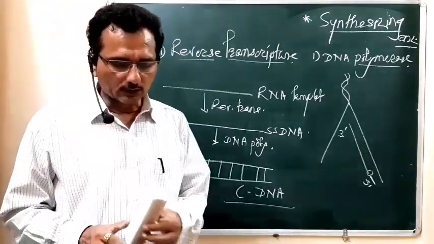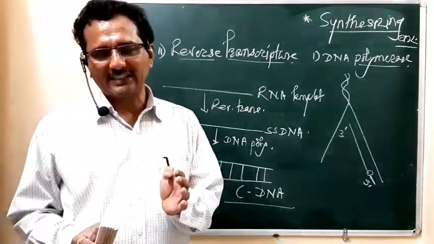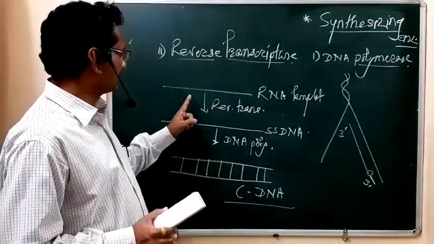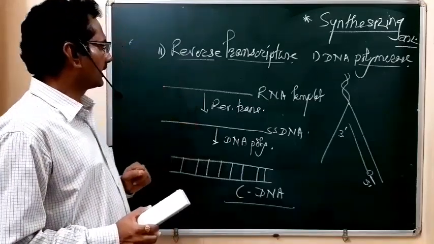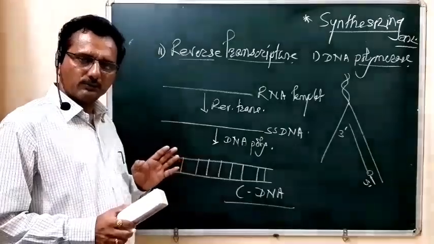Okay, it is also called complementary DNA. In the formation of cDNA, the reverse transcriptase enzyme plays the most important role. I just want to give one piece of information.